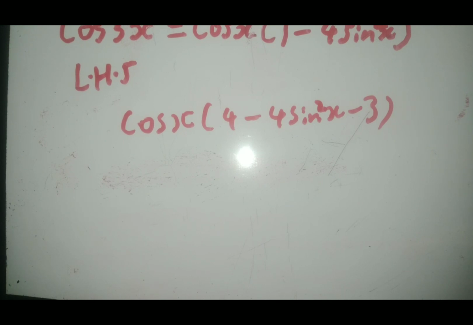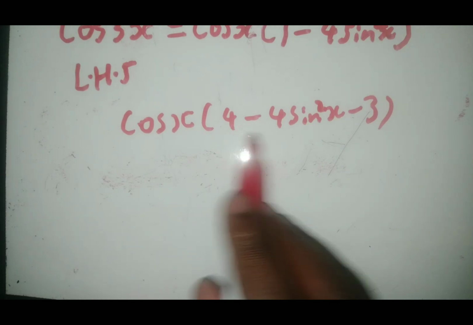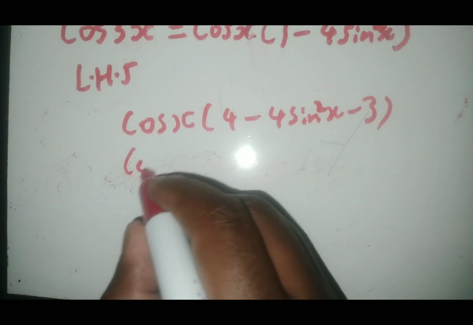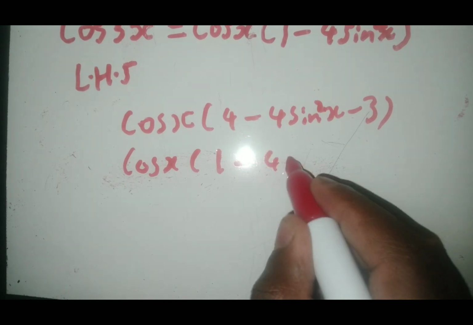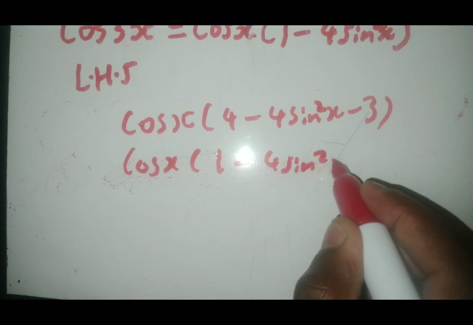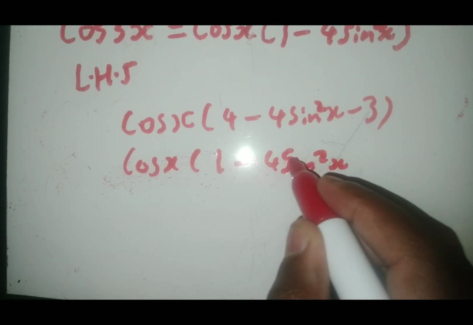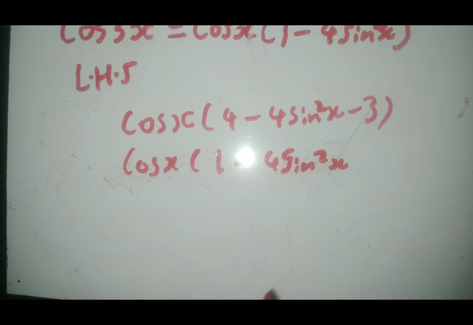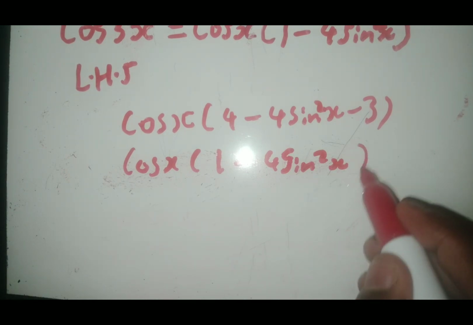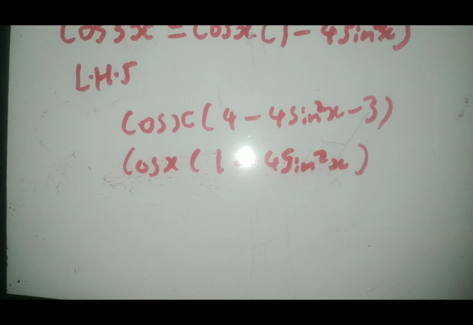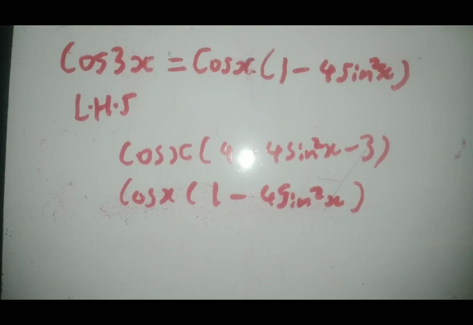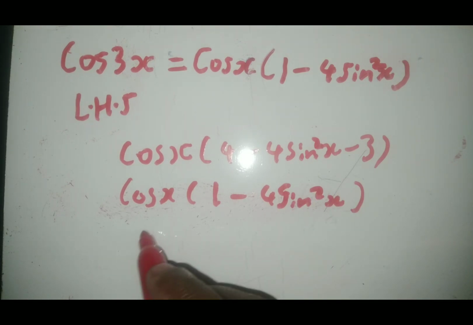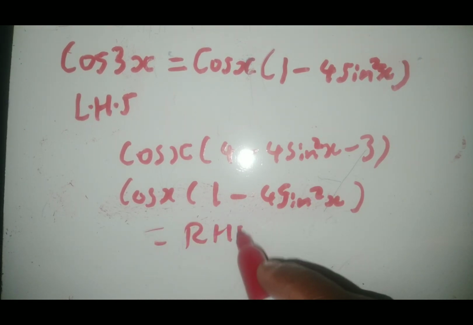So then we'll have cos x and we'll have 1 minus 4 sine squared x, which is exactly the same as the right hand side. So therefore we can say equals to right hand side.